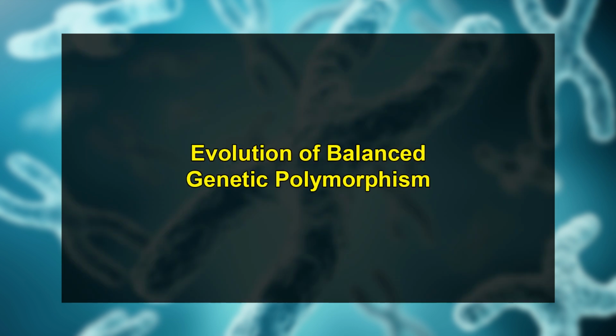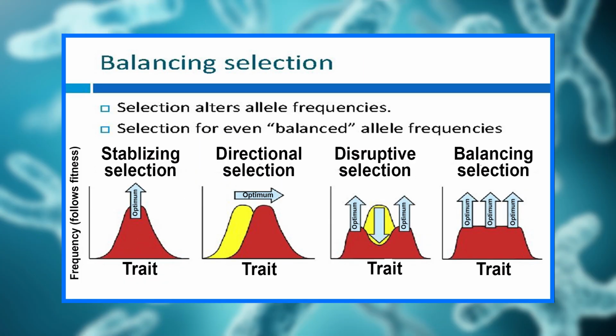Dear students, at the end, let's discuss the evolution of balanced genetic polymorphism. Extreme genetic polymorphism maintained by balancing selection is so called because many alleles are maintained in a balance by a mechanism of rare allele advantage that is intimately associated with the important task of self-non-self discrimination.